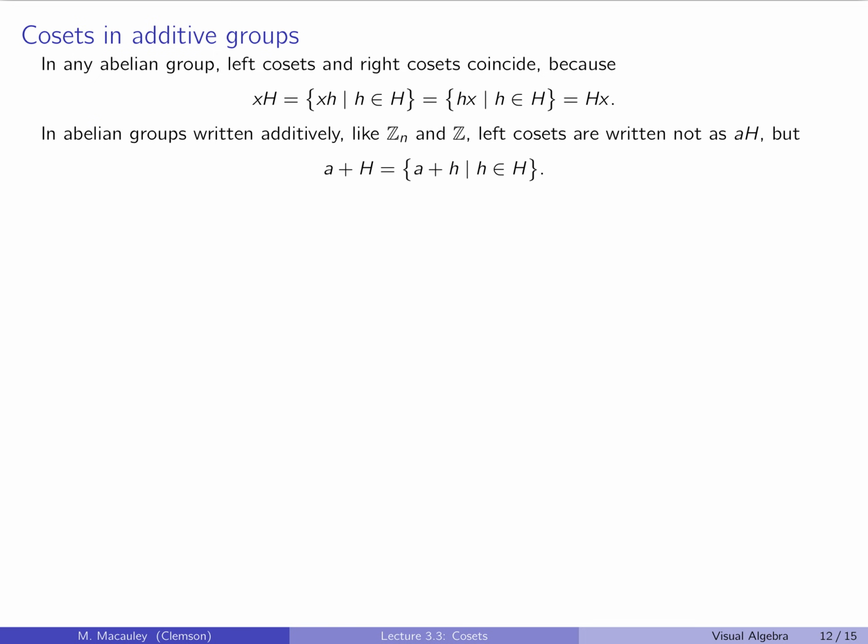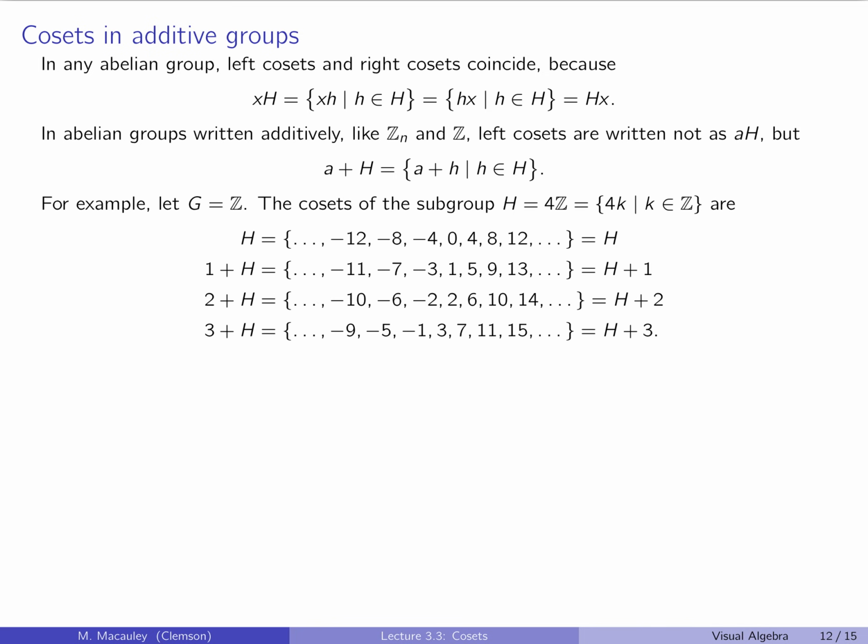In abelian groups written additively, like Z_n and Z, left cosets are written not as aH, but as a plus H, because that's the binary operation. So this left coset is the set of all sums of the form a plus little h, where little h is in the subgroup.